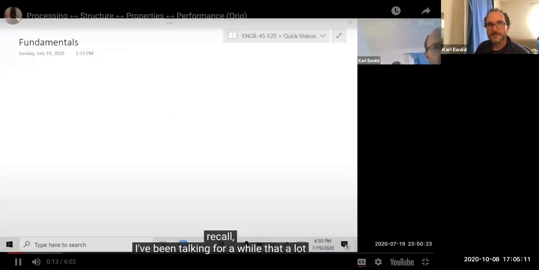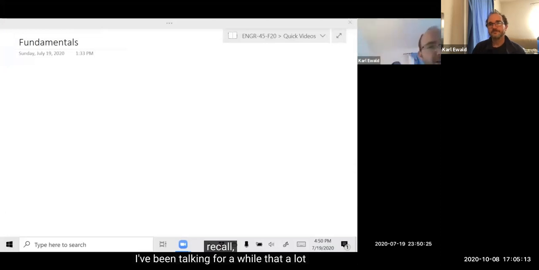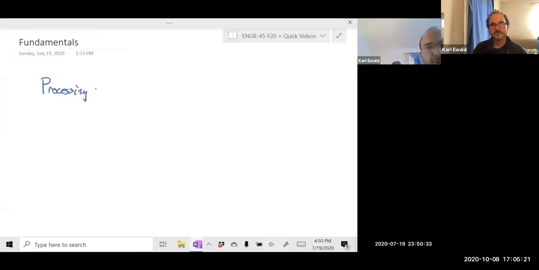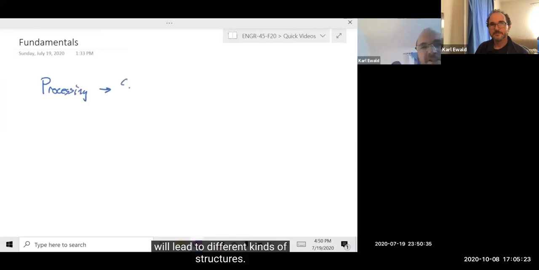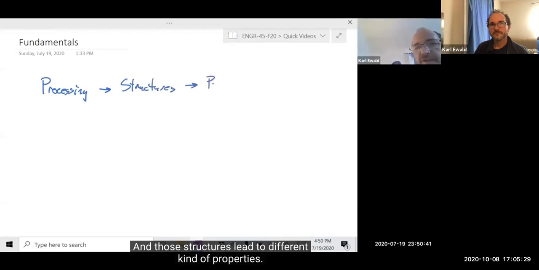So if you recall, I've been talking for a while that a lot of material science comes down to this idea that how you process something will lead to different kinds of structures. And those structures lead to different kinds of properties.